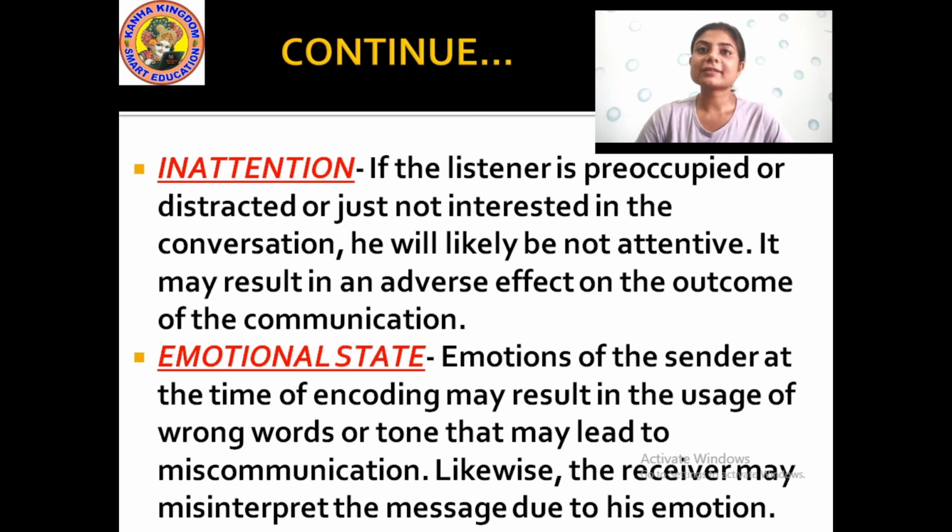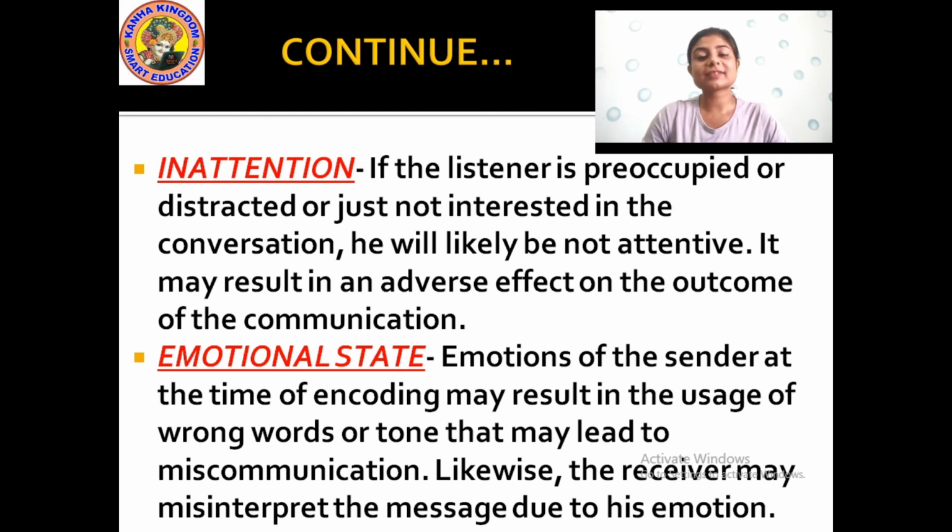So this is all about the barriers of effective communication. There are three barriers, which are environmental barrier, situational barrier, and individual barrier. And in individual barrier, there are more topics such as attitudinal, linguistic ability, inattention, and emotional state. All these things you must keep in mind while sending and receiving a message.